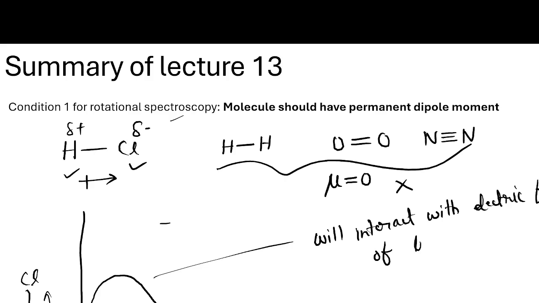In the upcoming slide we will show mathematically why we need a permanent dipole moment. Here we are just drawing an analogy from this electric field: if there is no such electric field, then it cannot interact with light. This will interact with light if the frequency of this fluctuation is similar to the frequency of light, and then at that frequency a transition will happen. So the frequency for this should match the frequency of light.